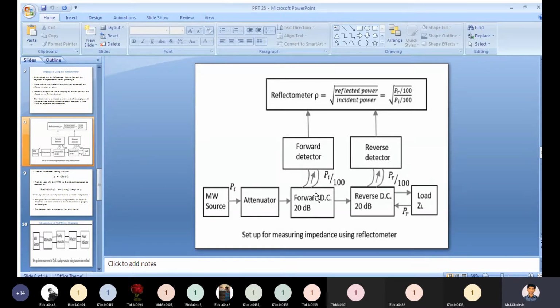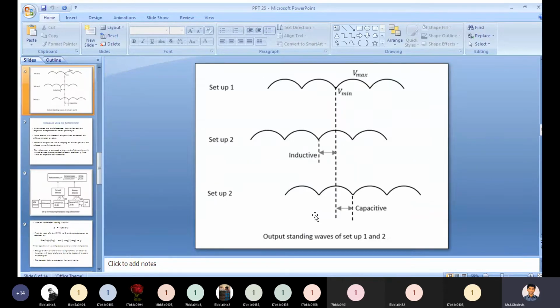Unlike a slotted line, what is the modified block here? You replaced the slotted line. Instead of a slotted line, you keep this forward directional coupler and reverse directional coupler, 20 decibels. Just observe from the past diagrams.